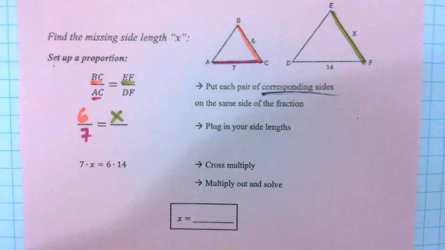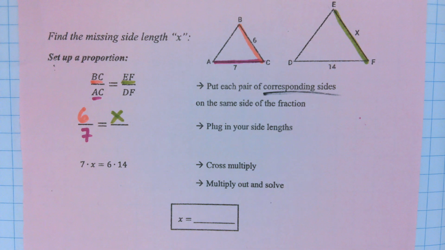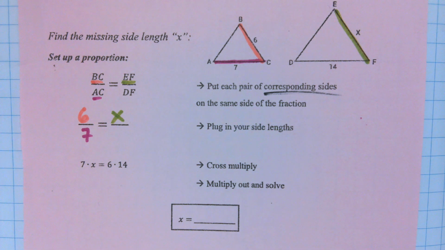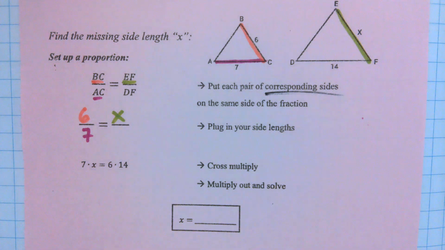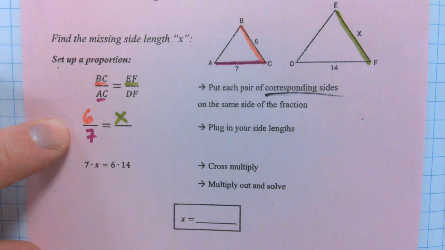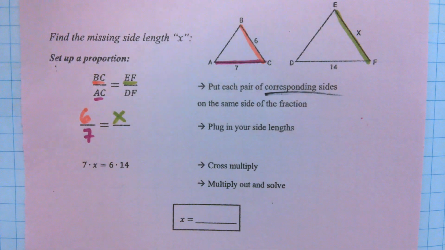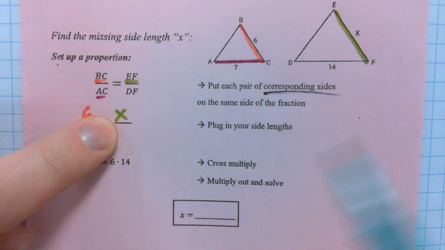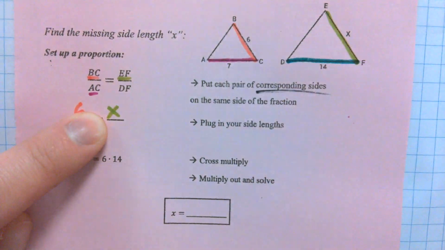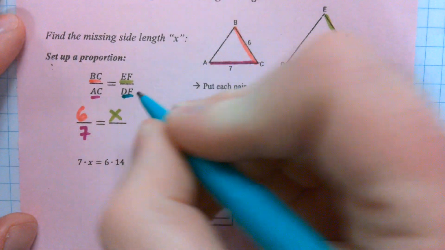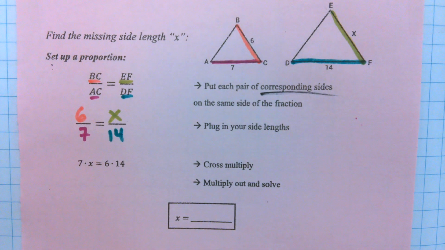EF, which is x. If my denominator in the first fraction was the bottom side of my smaller triangle, then the denominator of my second fraction is also going to be the bottom side of my larger triangle, which is 14.